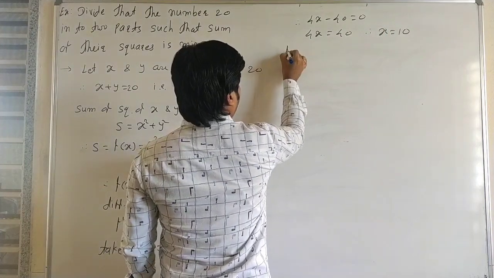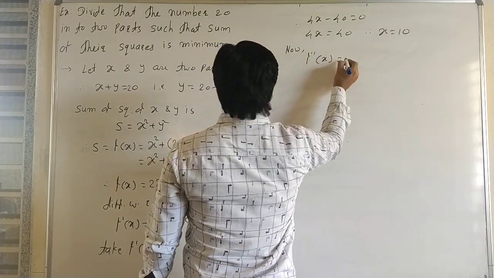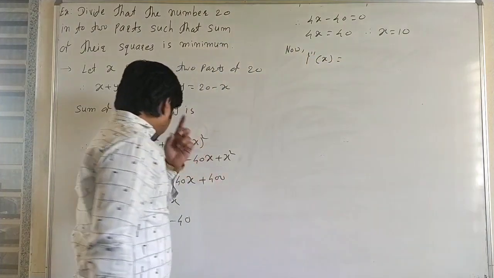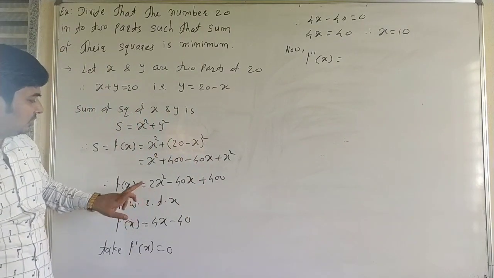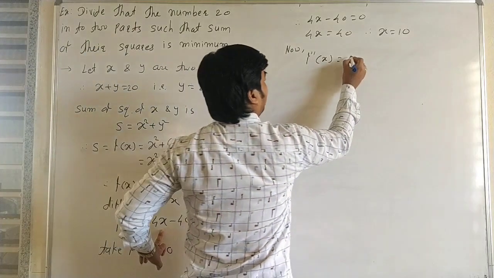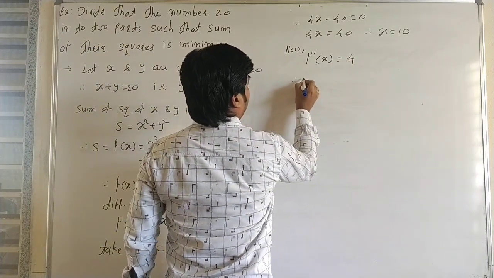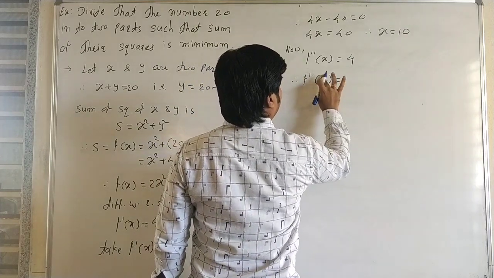Now find f double dash. f double dash of x is the derivative of f dash of x. Now the derivative is 4, and therefore f double dash of x is equal to 4.